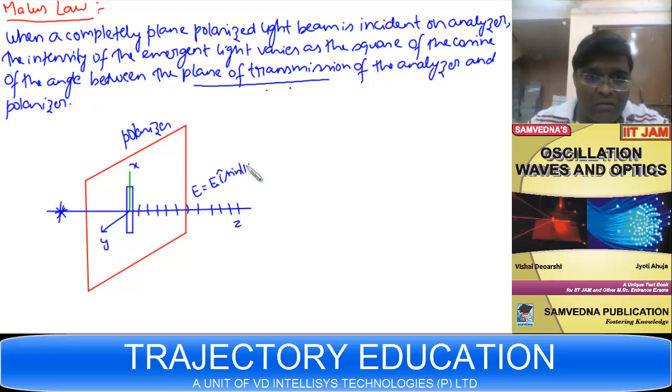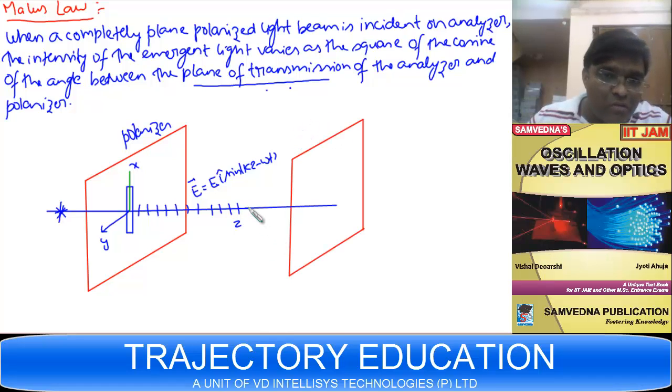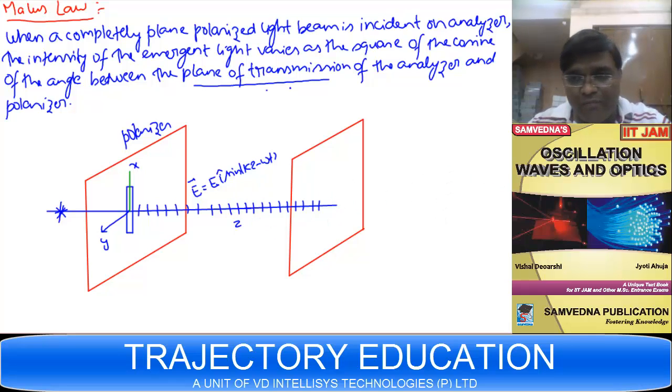So E naught i sine, this is how I can denote this field vector. Now let's suppose we have an analyzer over here. So this is the electric field.